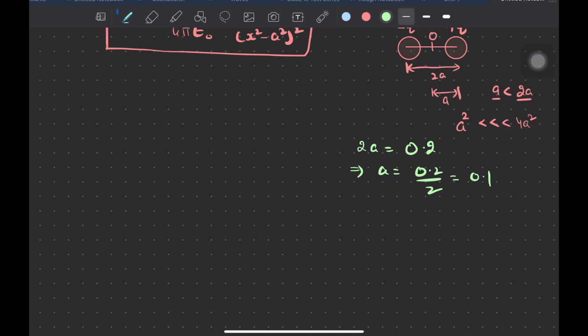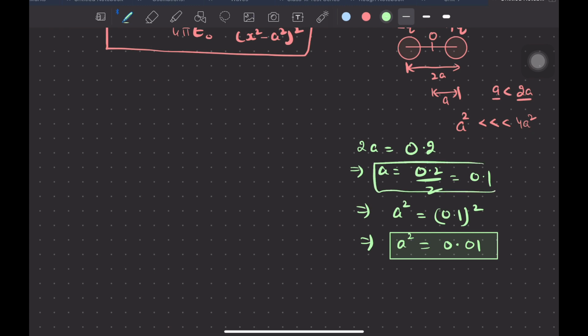If you take the square of this half number, a square will be equal to 0.1 whole square. This implies a square is equal to 0.01. So a is equal to 0.1, and a square is 0.01.